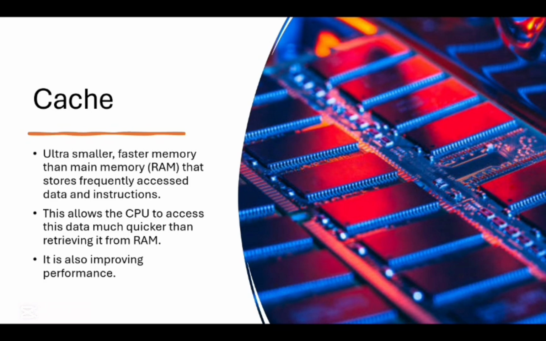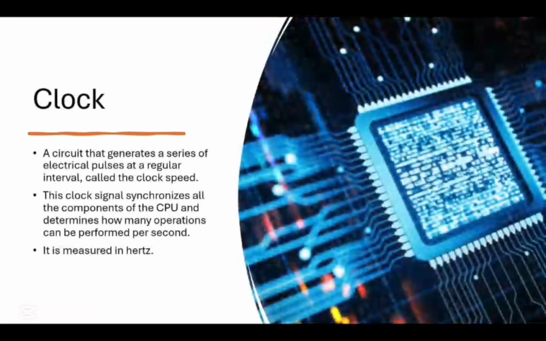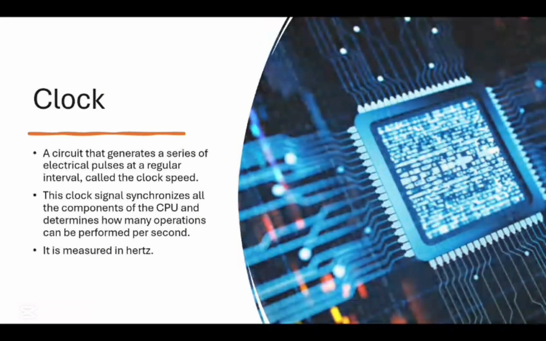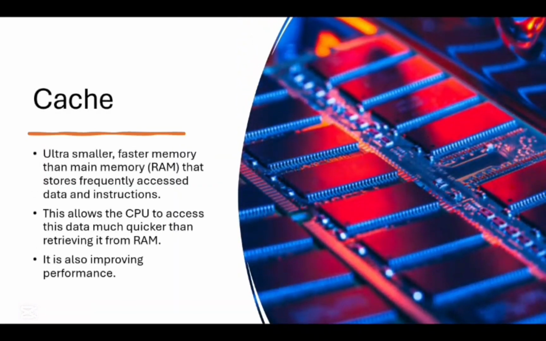This allows the CPU to access this data much quicker than retrieving it from RAM, which helps in improving performance. This image shows RAM sticks and main memory, which work in conjunction with the much faster CPU cache.